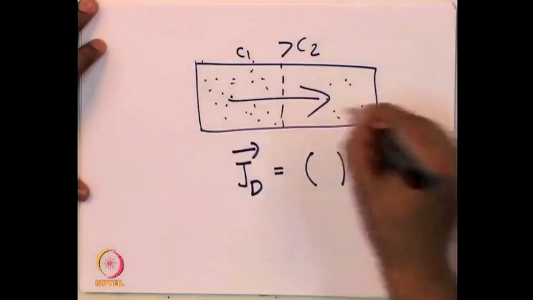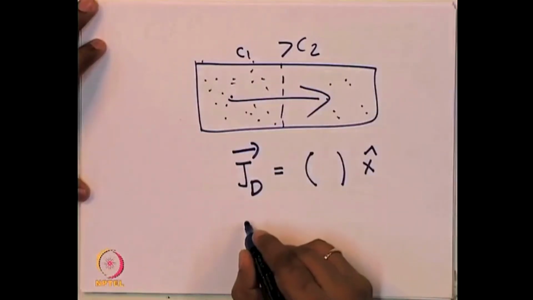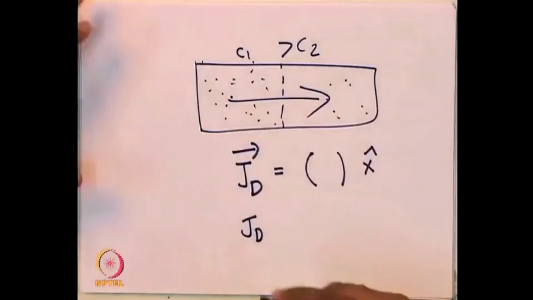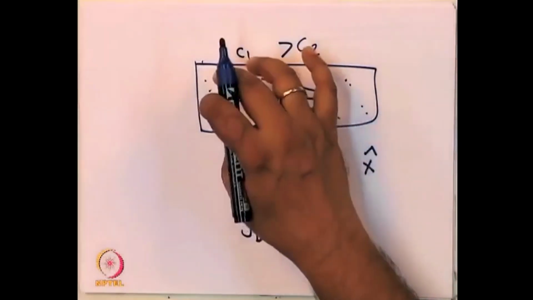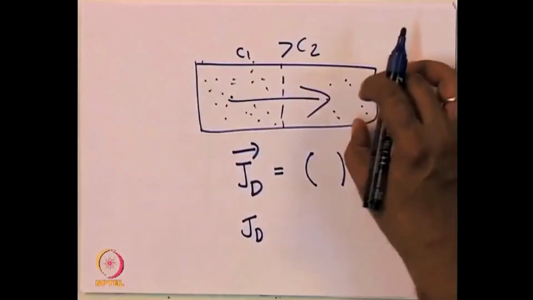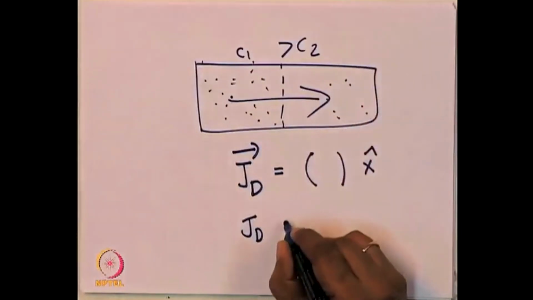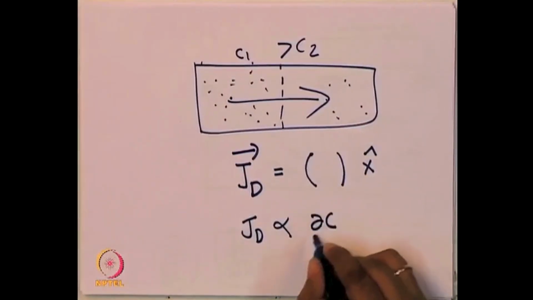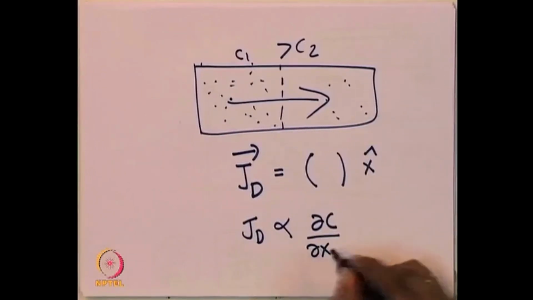We can also guess that the more the concentration difference, the more the flow is. If it is a large concentration here and small concentration here, the more it will flow. So, this is proportional to del c by del x. This much is also clear.